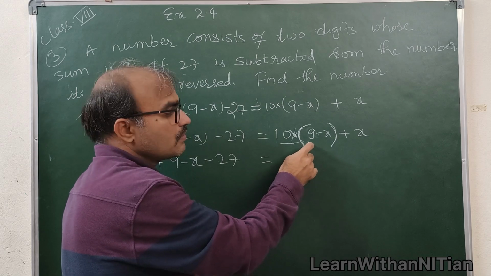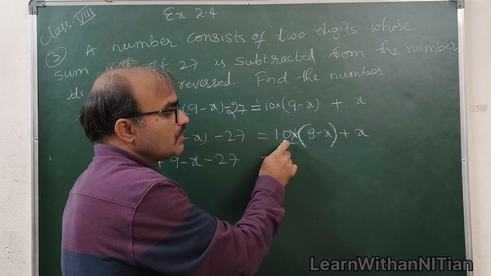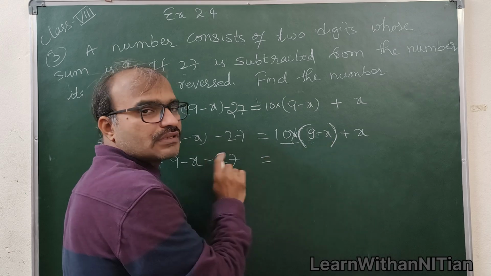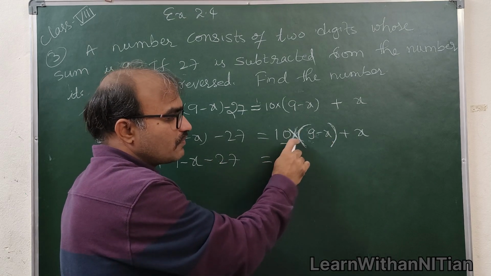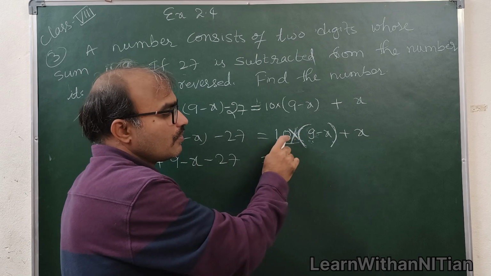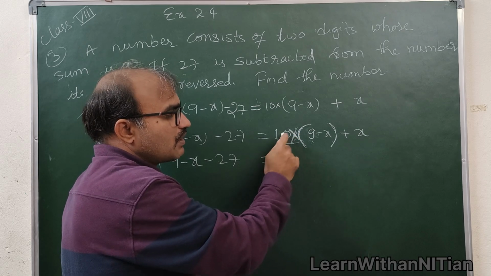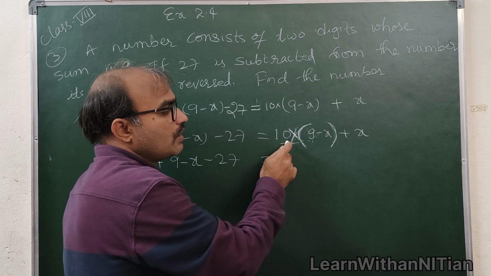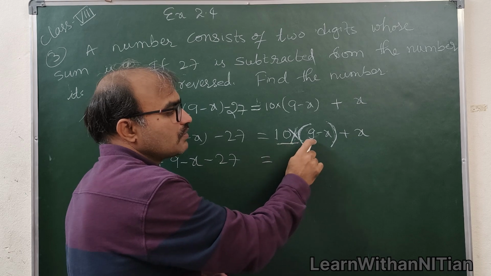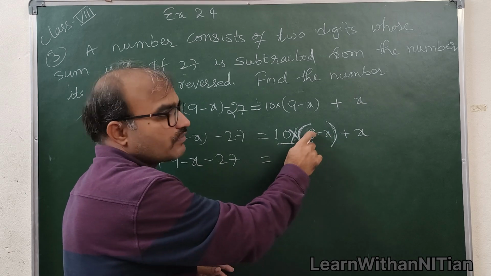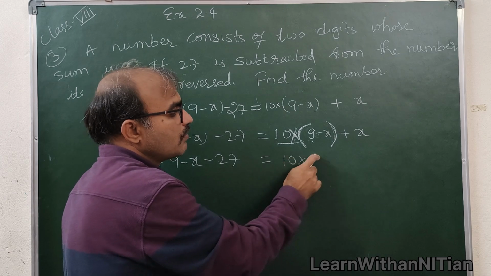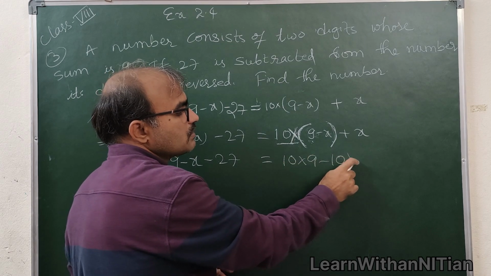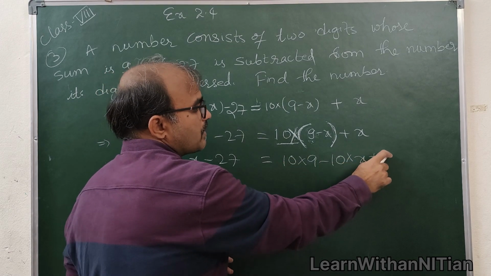Generally students multiply this number and this number and forget about the rest. But what is the meaning here? Is the into for 10 and 9? No. Multiplication is for 10 and the bracket. So you have to give this multiplication to each and every number inside the bracket, even if there are 100 numbers inside the bracket. Remember that. So that is why 10 into 9 minus 10 into x plus x.